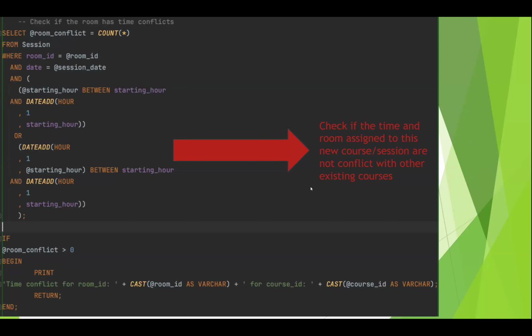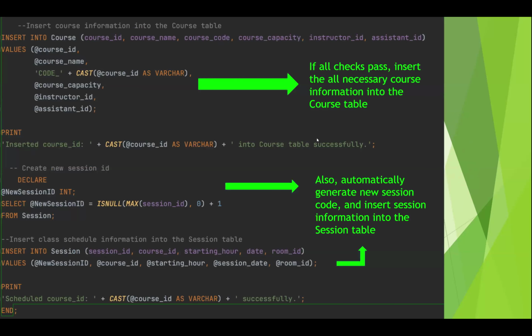After this, if all the checks pass, we insert all the necessary course information into the course table, and then it will automatically generate a new session code and insert the session information into the session table.